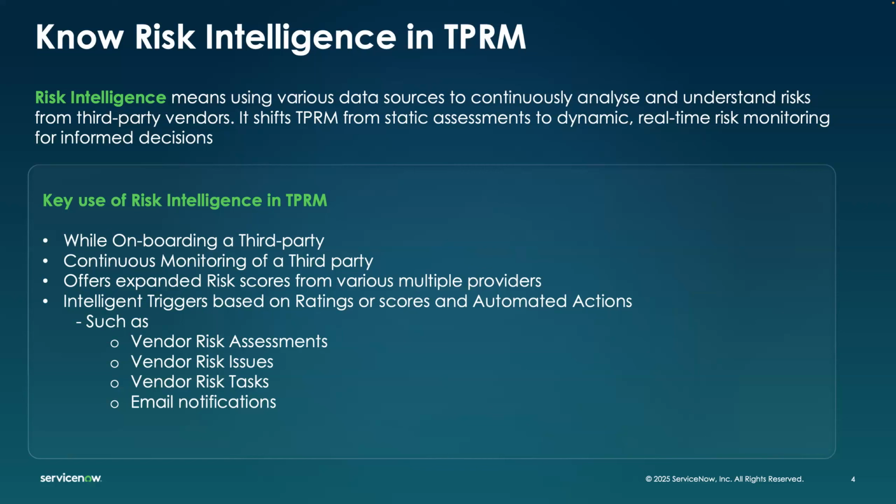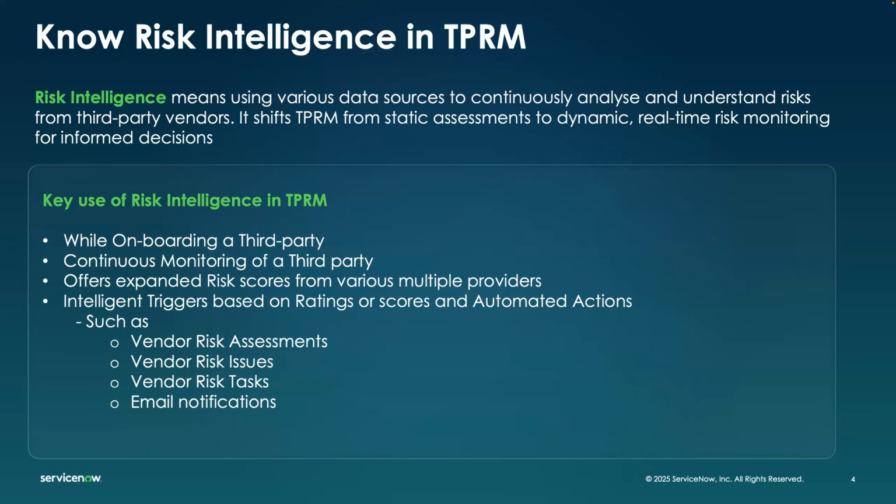The key use of having a risk intelligence service in TPRM is that it will benefit you while onboarding a third party or continuously monitoring your third party by integrating with external risk intelligence providers.